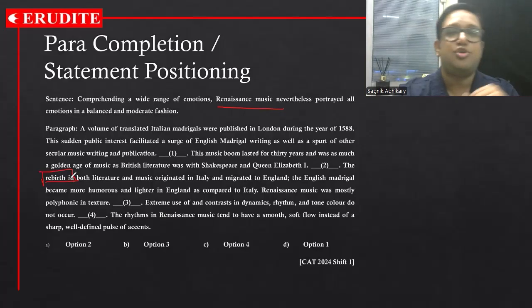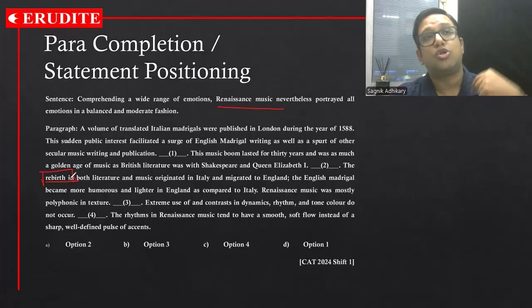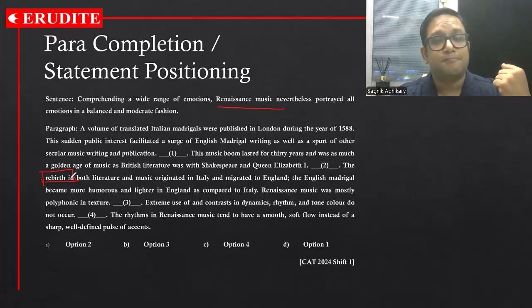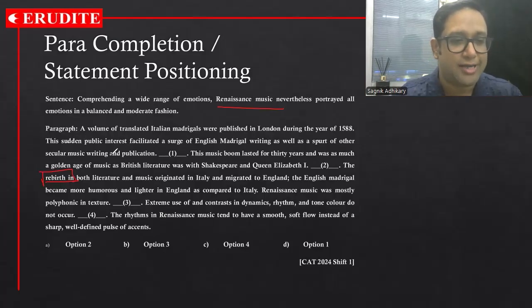Renaissance came to be first in Italian painting, then music, etc. And then it percolated because a lot of British art, music, painting, sculpting, etc., was copied from Italy. And so when the British emulated Italian art, they also emulated Renaissance. Renaissance meant a rebirth. Now, more of that context can be learned via Google.